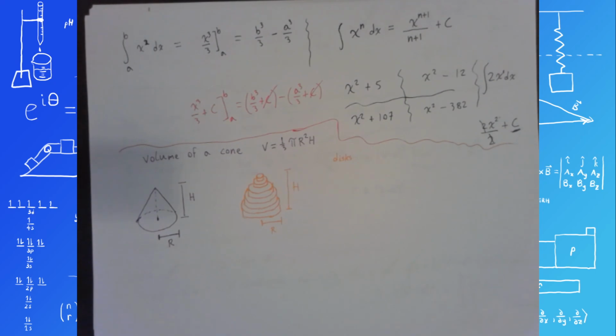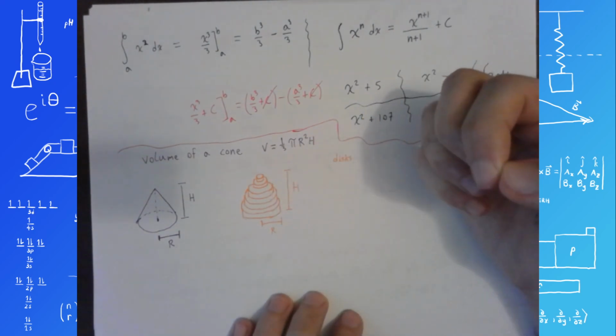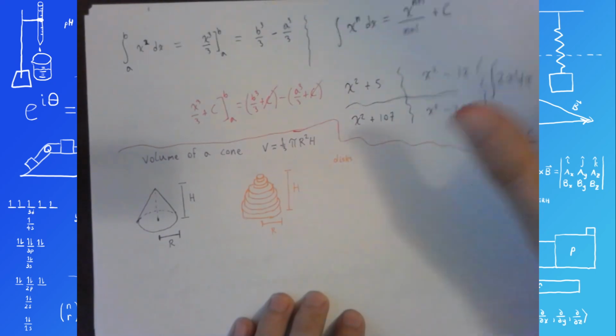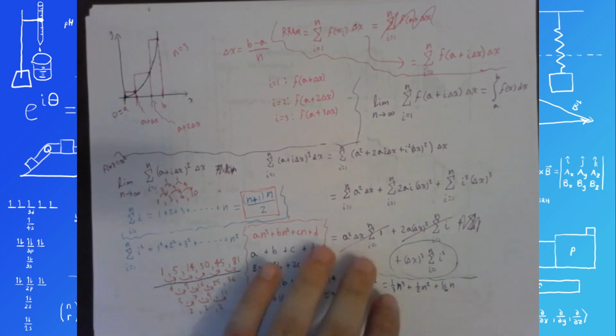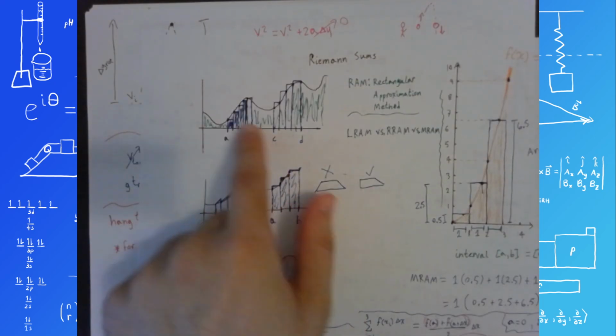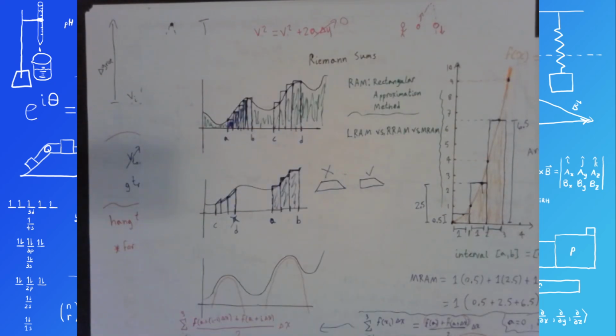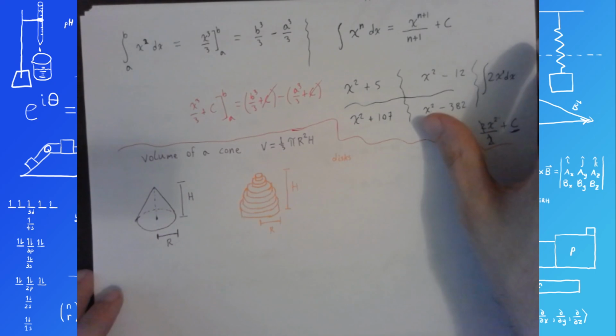If I just did this as much as possible, if I tried to get a near infinite number of disks, making them practically razor thin, then you could argue by the same logic that we used over here for rectangles: the thinner we made the rectangles, the better the approximation of the area became. Well, the thinner the disks are, the better their total volume approximates the volume of a cone.